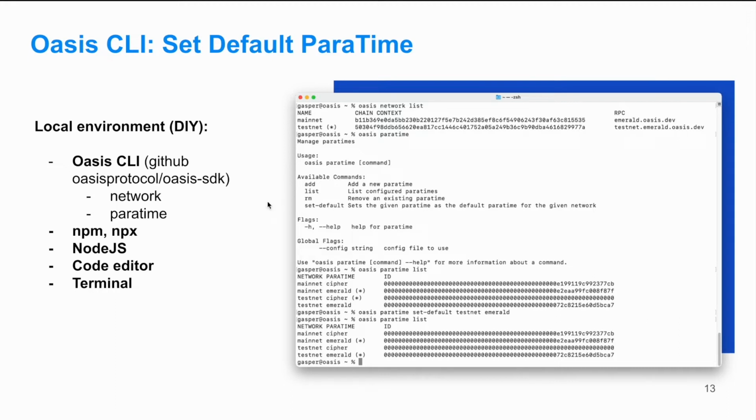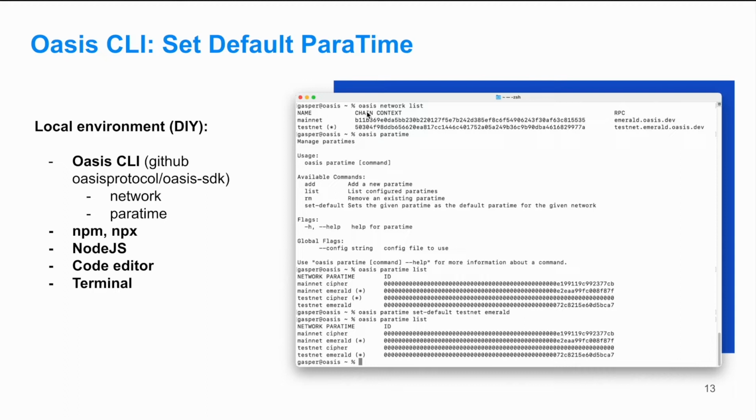On this screenshot, you will notice that I list all the networks available. I have mainnet and testnet, and when you compare the IDs and RPCs, you will notice that I have, for example, Emerald testnet configured and Emerald Oasis Dev as a mainnet.